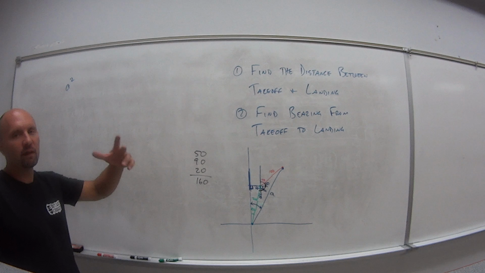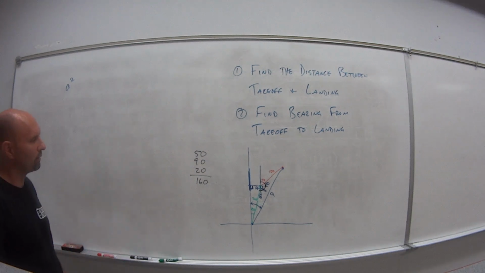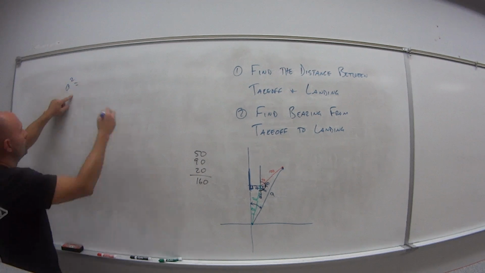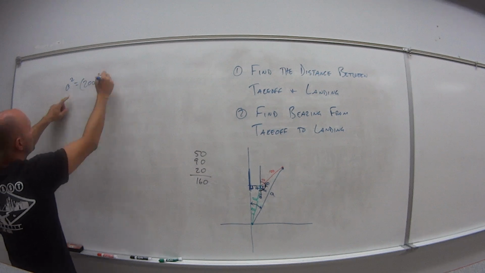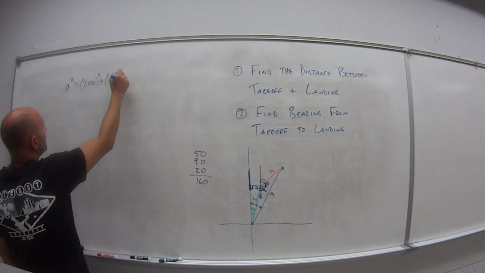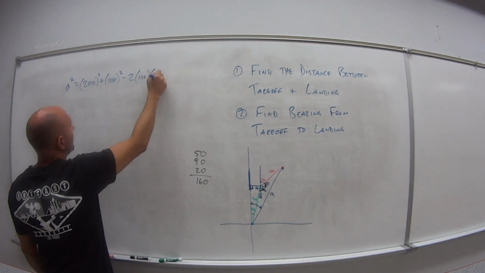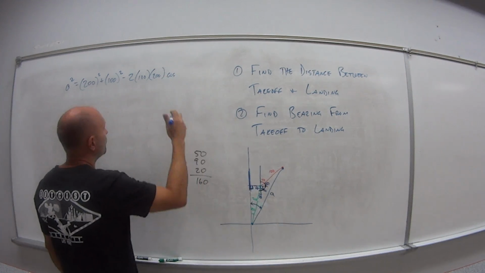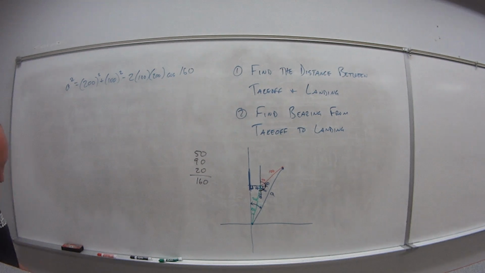We'll get an answer at the end, and I'll ask you if it makes sense and a problem that people will end up running into. So A squared is equal to what? 200 squared plus 100 squared minus 2 times 100 times 200 times cosine of this angle, which we figured out to be 160 degrees.